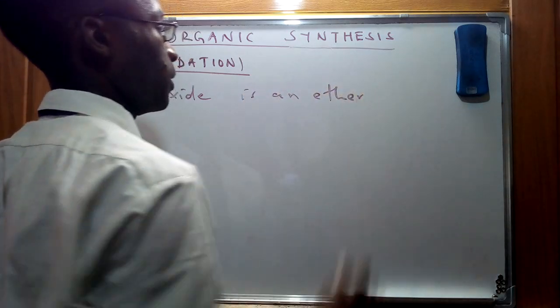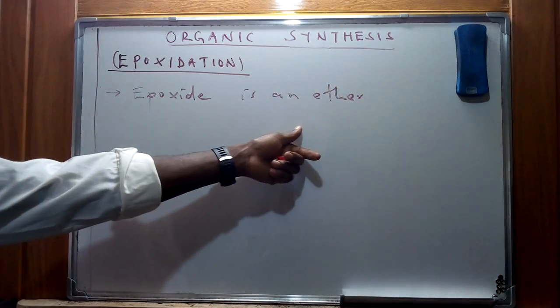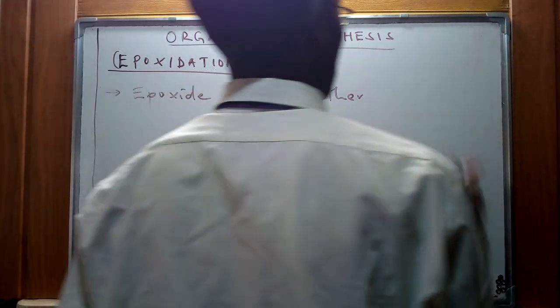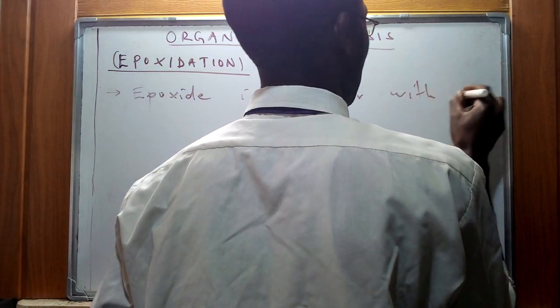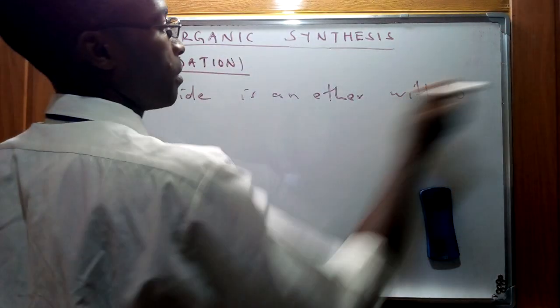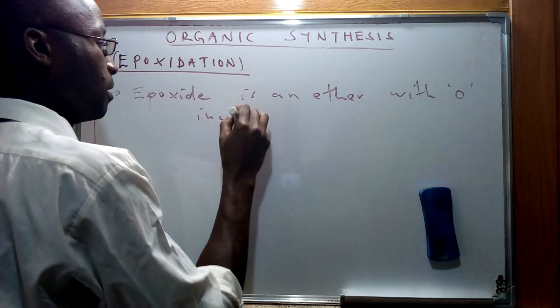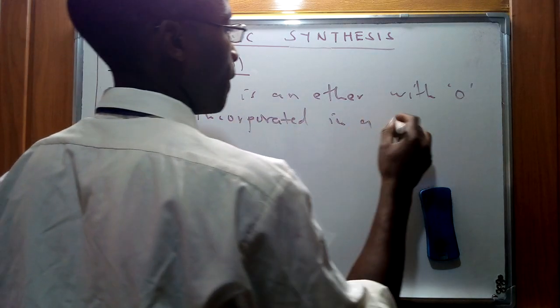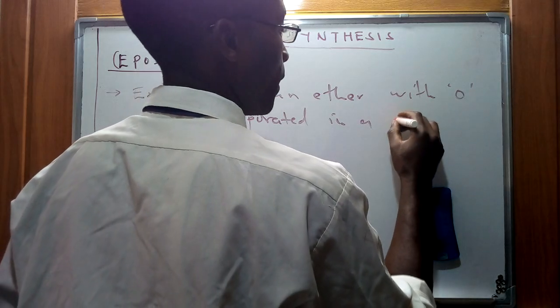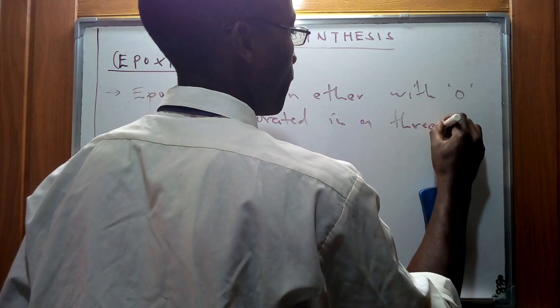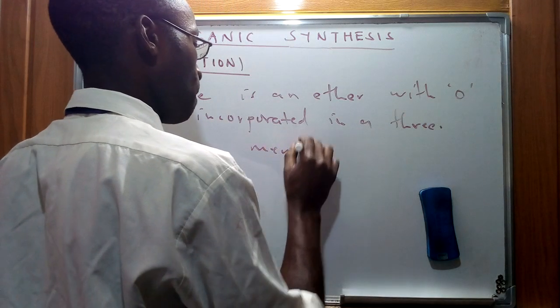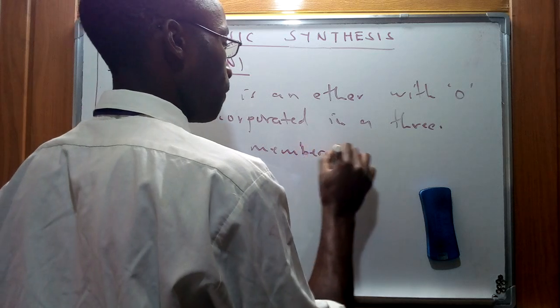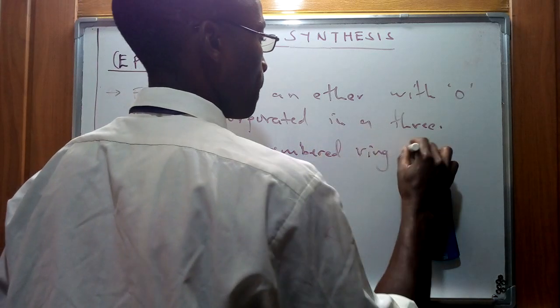We had also talked about this particular class of organic compounds. This is an ether with an oxygen, going to use this symbol, with oxygen incorporated in a three-member ring system.